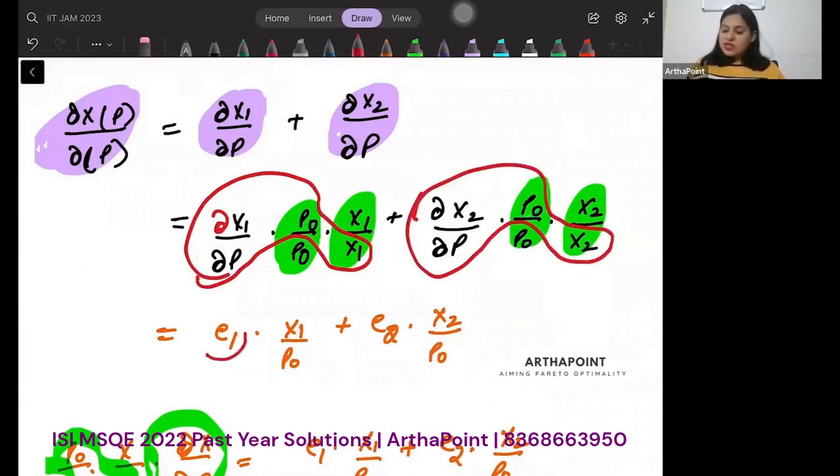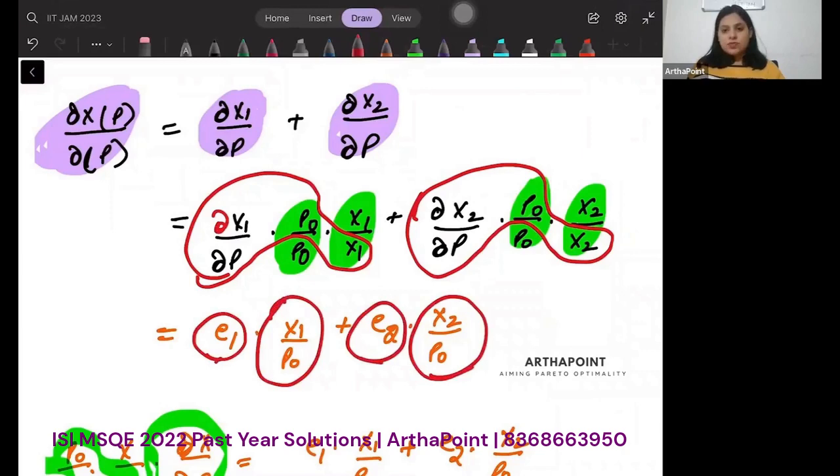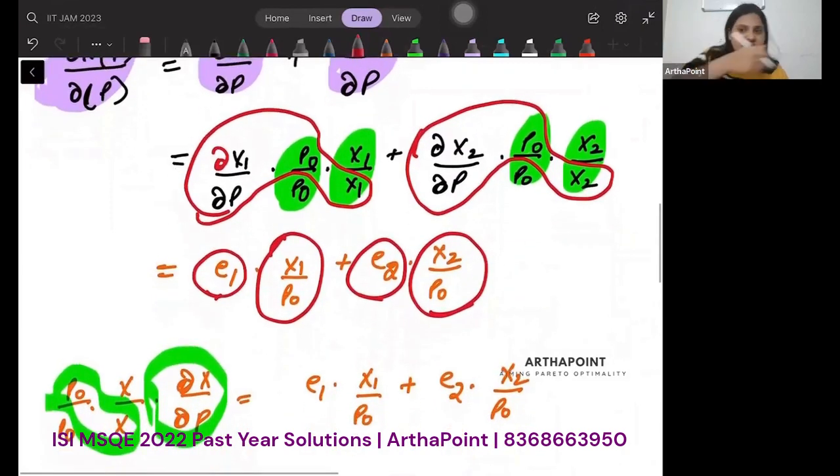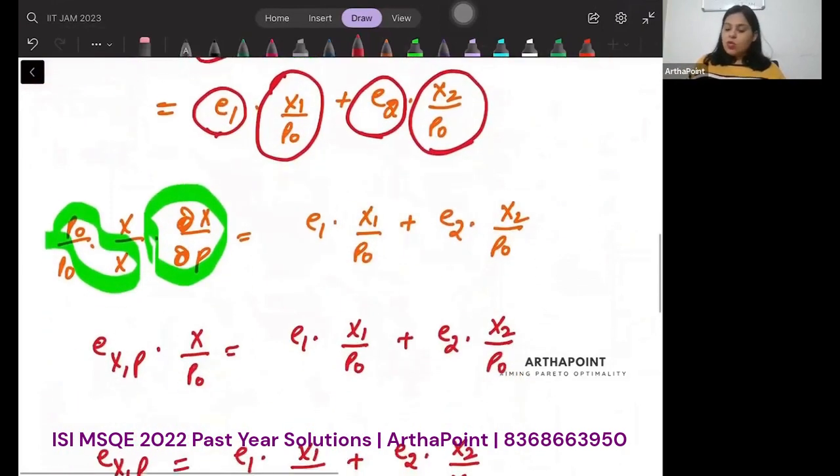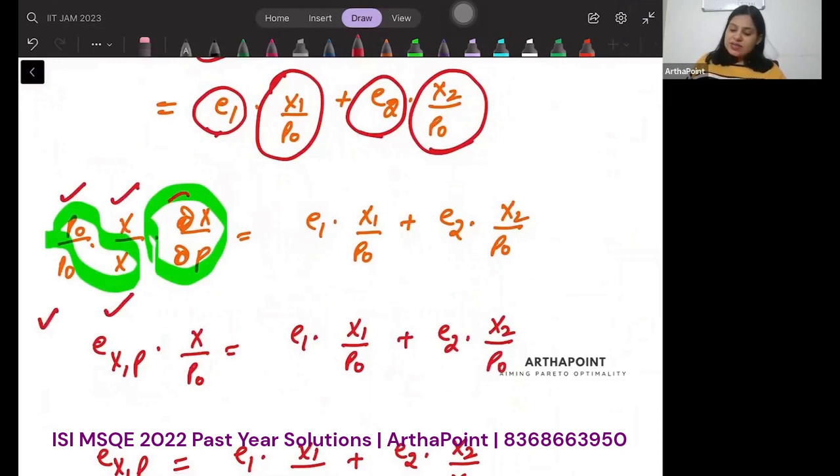So I've got elasticity of consumer 1 into x1 by P naught plus elasticity of consumer 2 into x2 by P naught, right? And on the left hand side, if I perform a similar thing, I can multiply P naught by P naught on both sides and X by X on this side. So I can get that this is the elasticity of the good in the market.